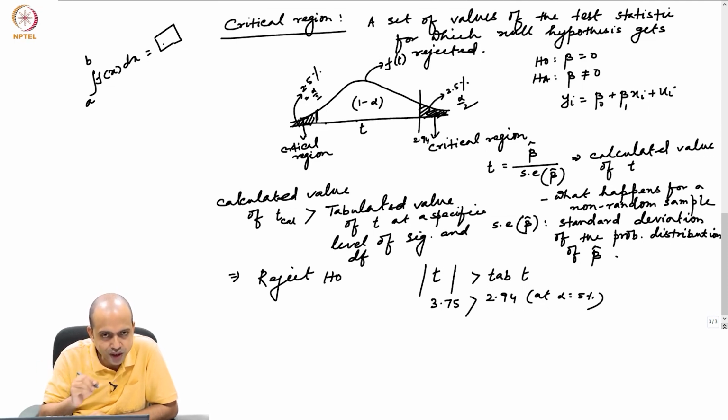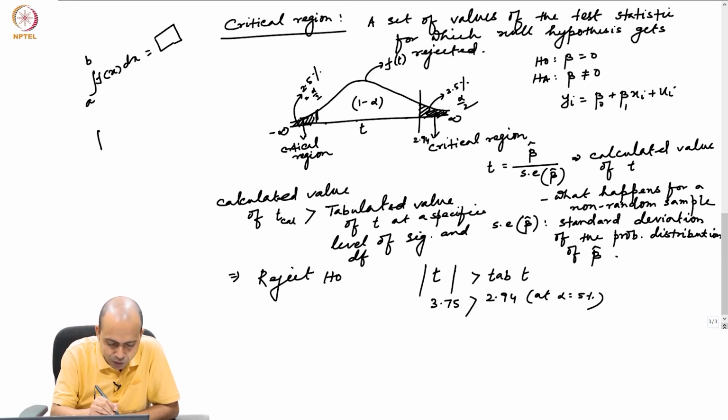Now, following the area property of the definite integral, what we are doing here is reverse integration. That means you know that the range of this is minus infinity to plus infinity. So, I am specifying a problem like this: minus infinity to, let us say, b, of f(t) dt equals 5%, that means 0.05.